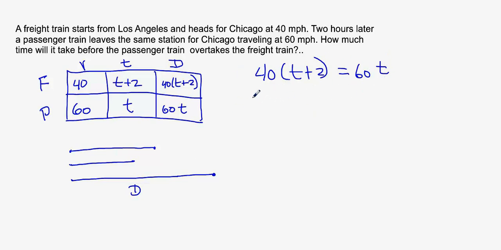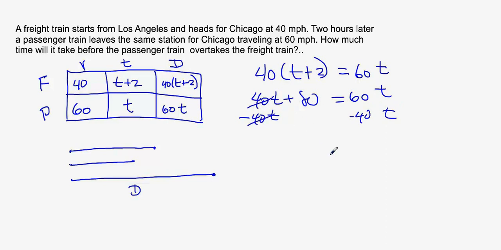Alright, so this gives me 40t plus 40 times 2, which is 80, equal to 60t. Just subtract 40t from both sides, it's easier this way. Minus 40t, minus 40t.